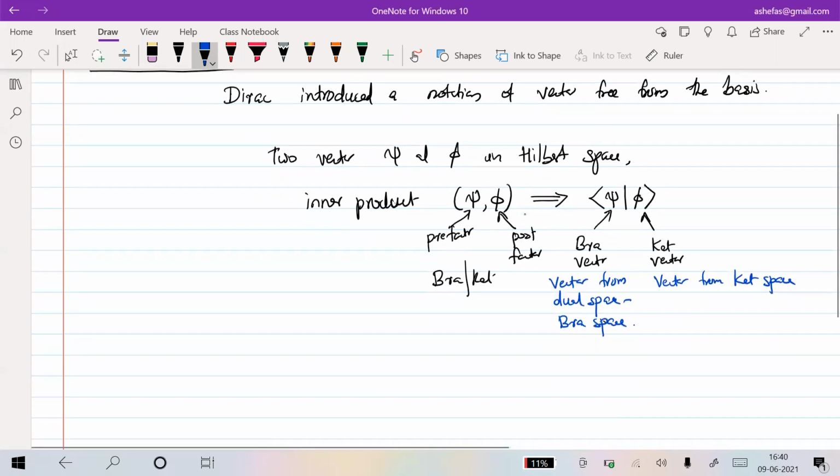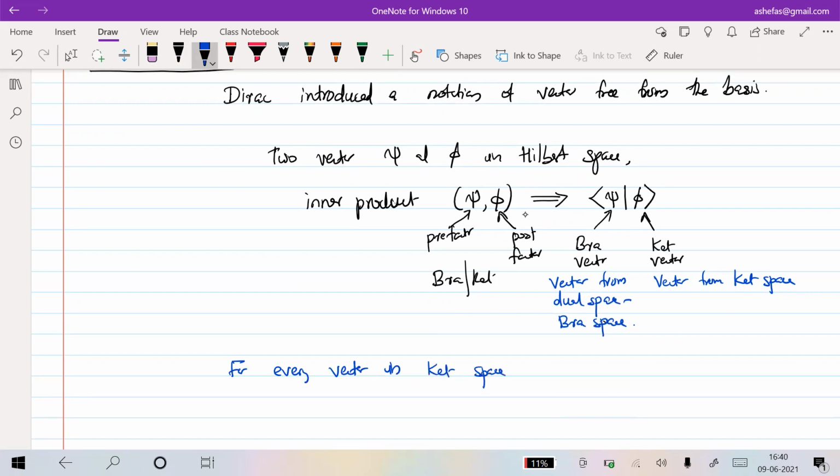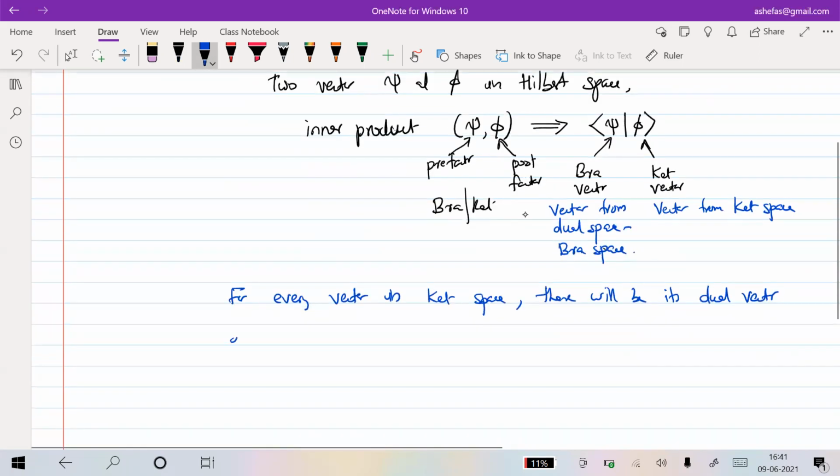So that means for every vector Ket psi, for every vector in Ket space, there will be its dual vector in dual space.